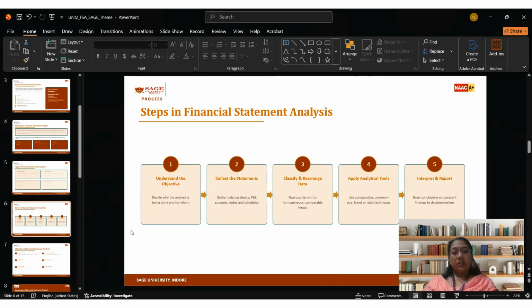And step 5, interpret and report. Draw conclusions from the analysis and present the findings clearly to whoever needs to act on them. These five steps form a logical sequence, and skipping any one of them weakens the quality of financial analysis.